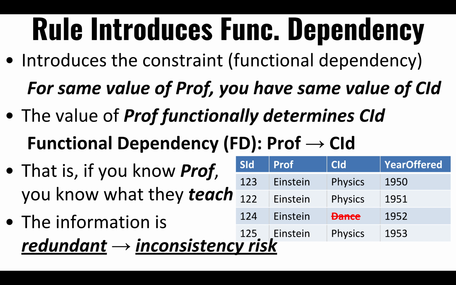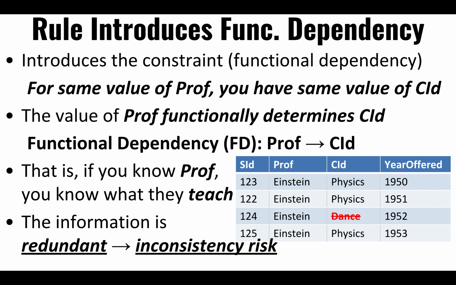For instance, there's nothing in this relational model that would stop us from entering the fact that Einstein can only possibly be teaching physics. There's no way that Einstein would also be teaching dance. All right? This would violate that rule, but there's no way for us to stop somebody from entering that bad data. Yes? And that's exactly the point of functional dependencies between non-key fields.